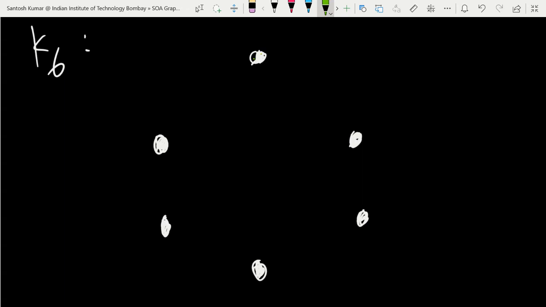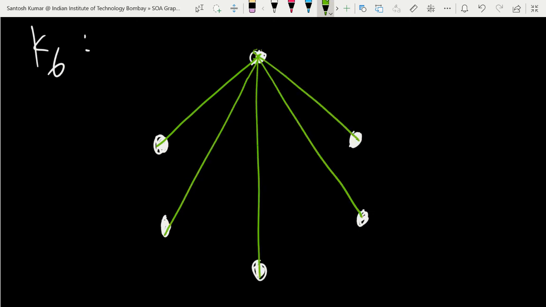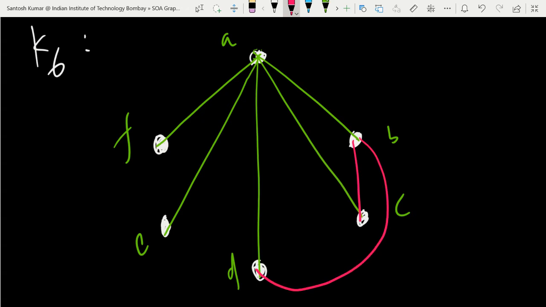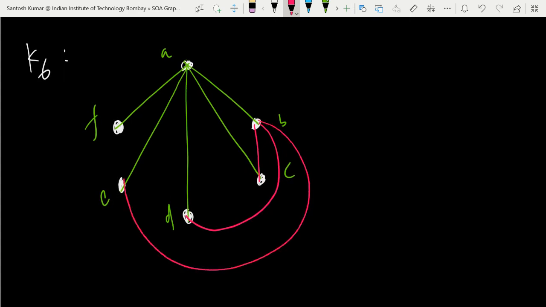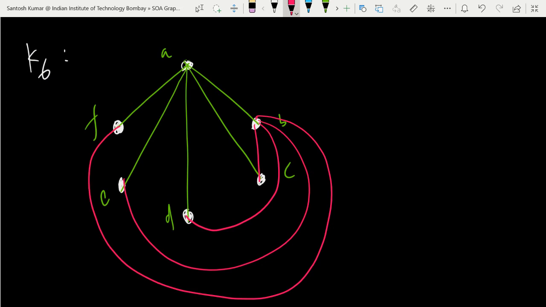Let's join this A with all. We already know it is non-planar, but we are doing an experiment. So B you can join with C, join with D, you can join it with E. You don't have to cross the edge.